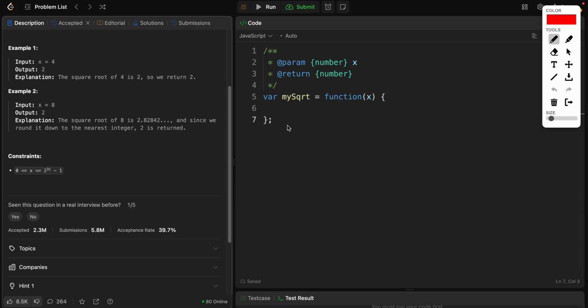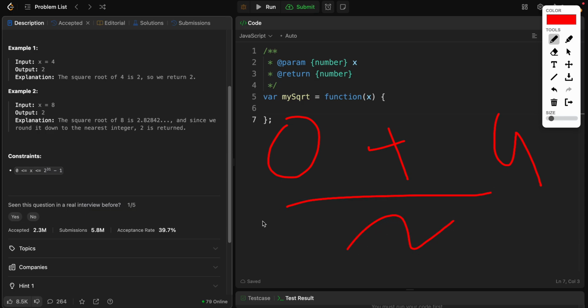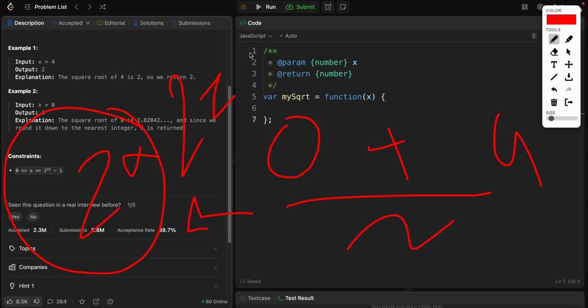Left will be equal to 0, and let's assume x is equal to 4, and right will be equal to x. We get the middle, which is 0 plus 4 divided by 2, which gives us 2. Then we check if middle multiplied by middle, so 2 by 2, equals x, which is 4, and if so we return the middle.